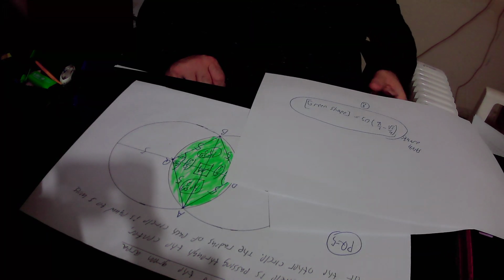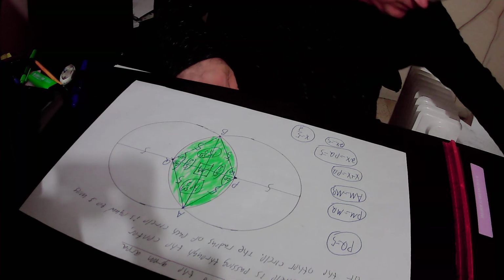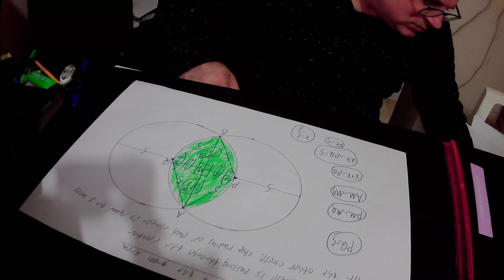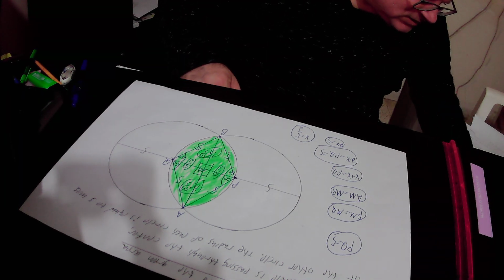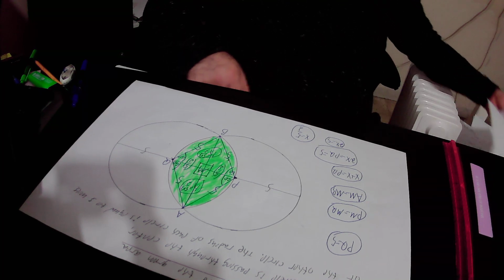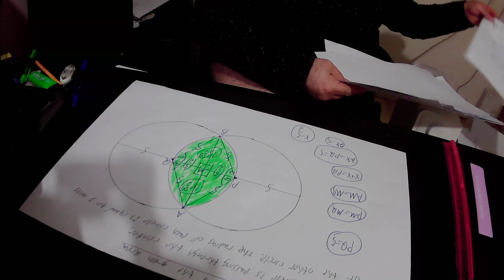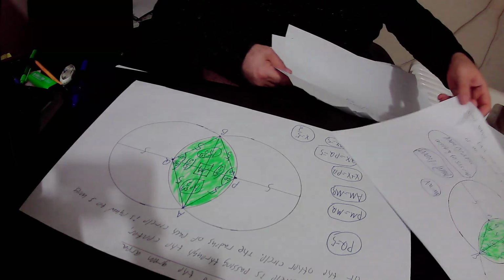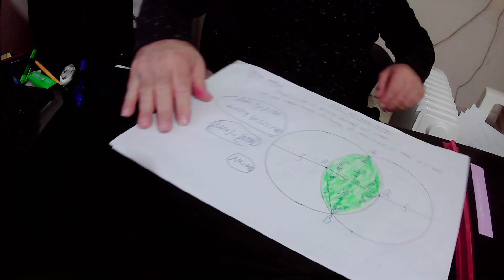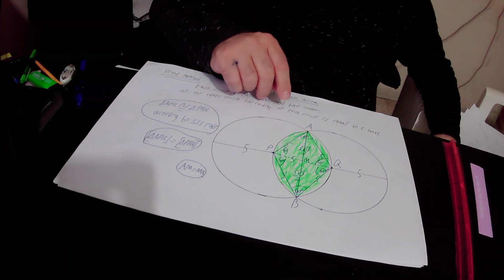Okay? We finished with the first method. Then I presented to you how to find the area of the green shape according to the second method. In the second method, we did the same constructions as in the first method.